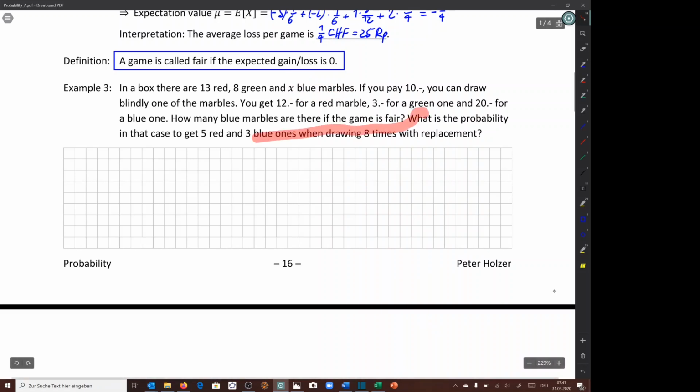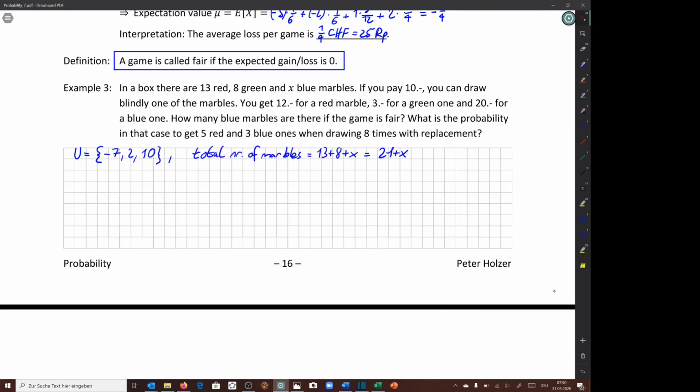Let us look at the second question here after having solved the first one. Our sample space is -7, 2 and 10, namely if we get a green one, in the end we get -7, if we get a red one we get 2, 12 minus 10, and if we get a blue marble we get 20 minus 10, so 10.